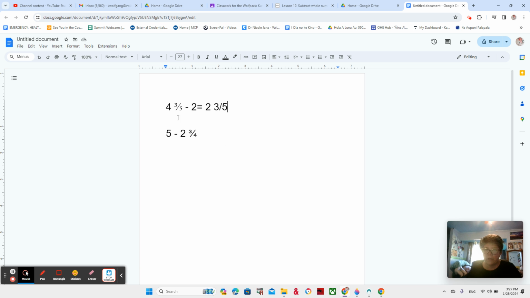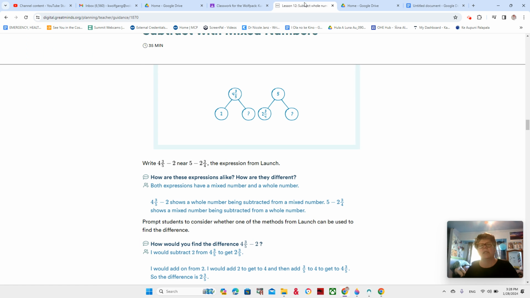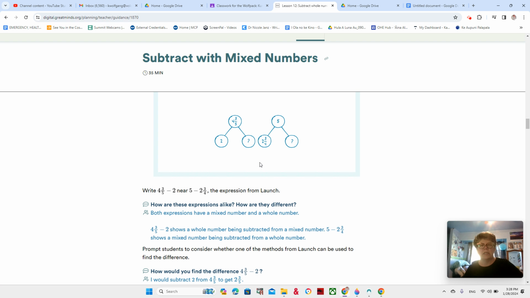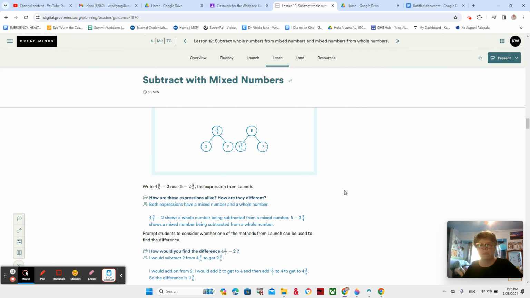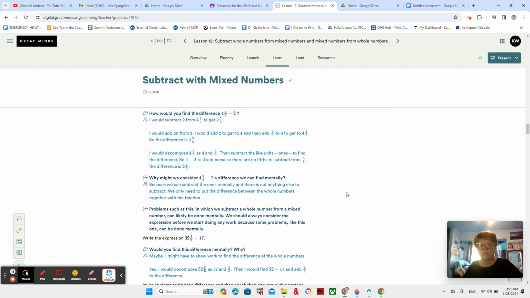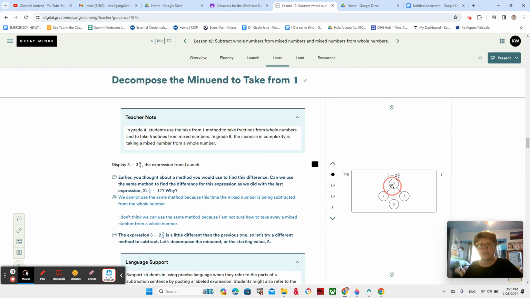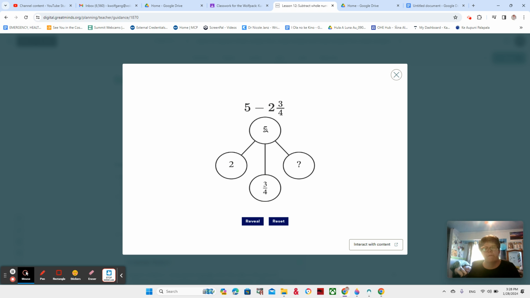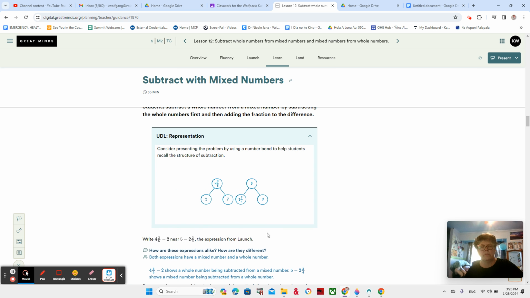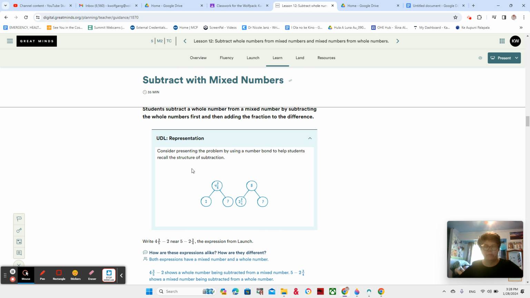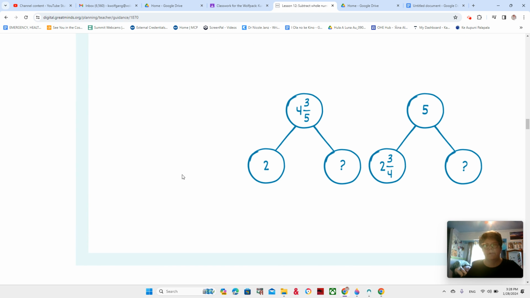Or we could think about 4 3/5. I think we have a number bond that we could look at. All right, we'll look at this number bond then. 4 and 3/5, take away 2.